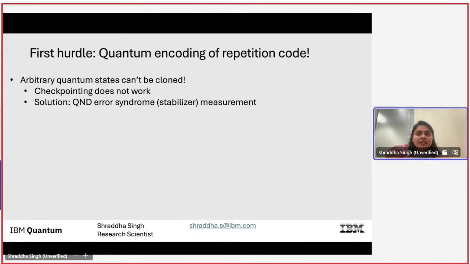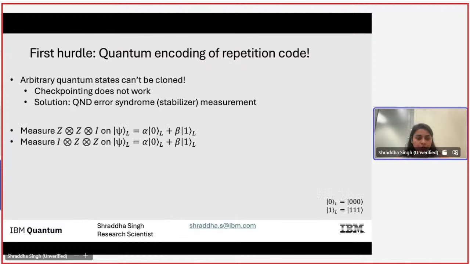So you extract some information about the state into an ancillary qubit. So you're not trying to look at your state. You're essentially just trying to extract some information about the error. And so basically what you can do is take any arbitrary quantum state in this logical encoding, such that zero logical is represented by multiple qubits in the zero state, and one logical is represented by multiple qubits in the one state.